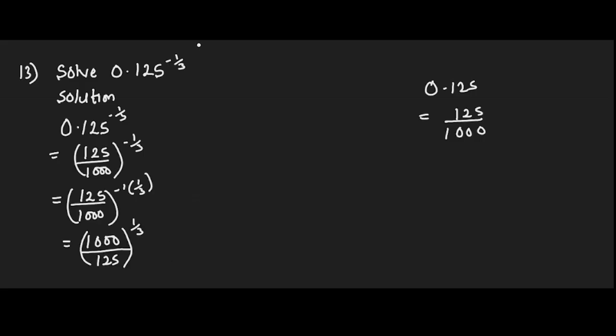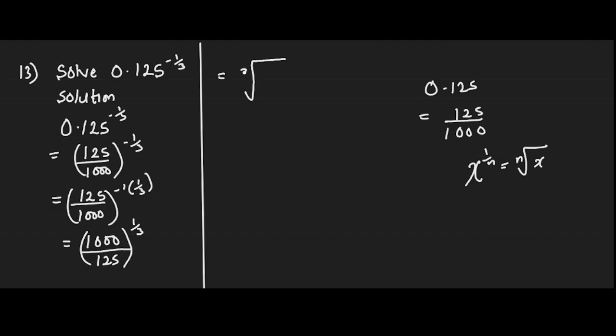What this means, using this rule, when we have x raised to power 1 over n, we are going to have the nth root of x. So what this means is that we have cube root of 1000 over 125, which can be equal to cube root of 1000 all over cube root of 125.